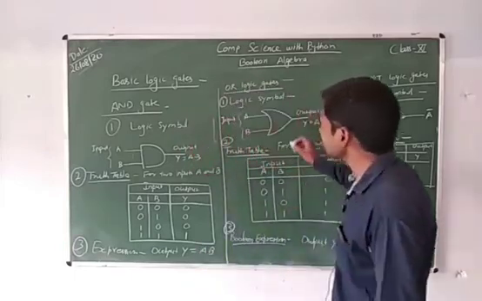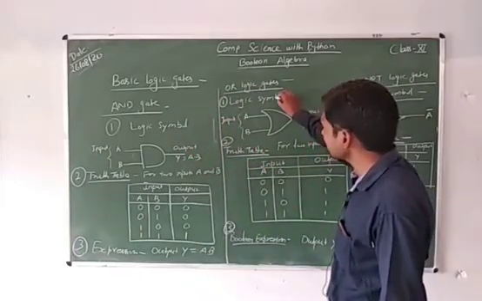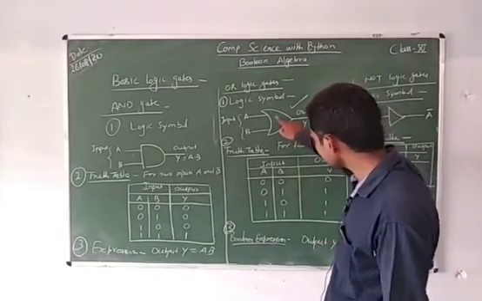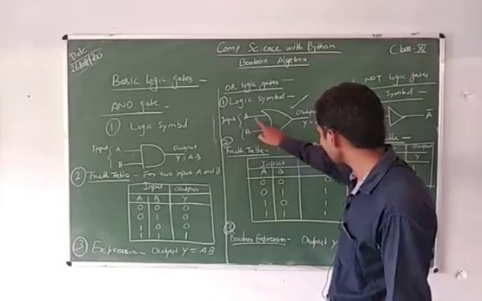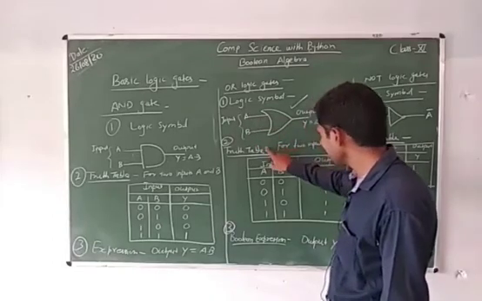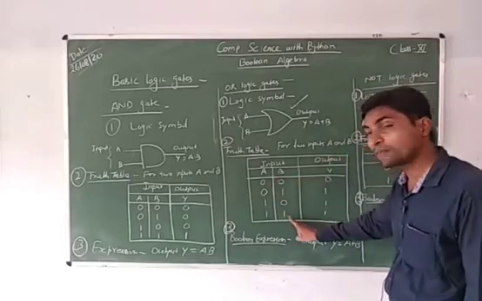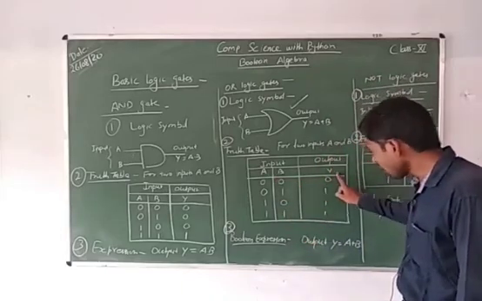Now let us see the OR logic gate. The symbol of OR logic gate is this curved shape. These are its inputs and this is output Y. Truth table for 2 inputs A and B will be this, and C is its output column.